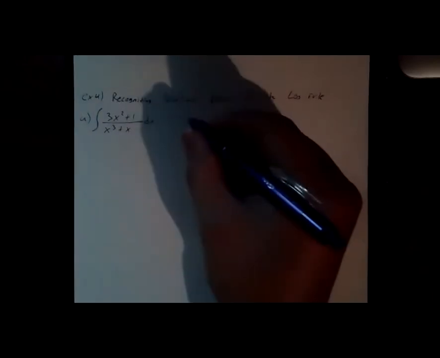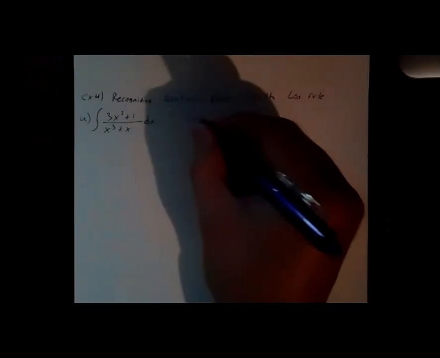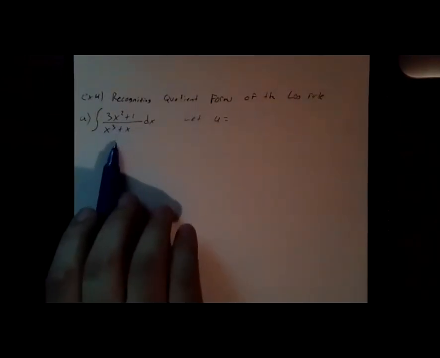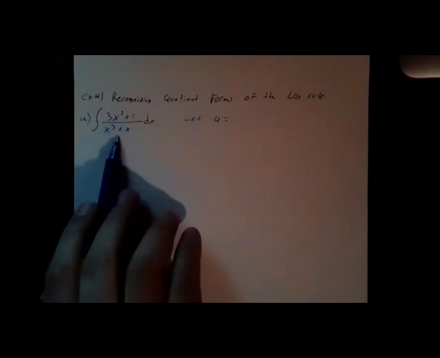All right, so we need to do a u-sub in order to solve this. So let's let u equal the denominator, right? Usually that's a good choice because it's a higher power and most of the time it's going to be on the bottom, especially if you're doing log stuff. But not always. So du will be 3x squared plus 1.